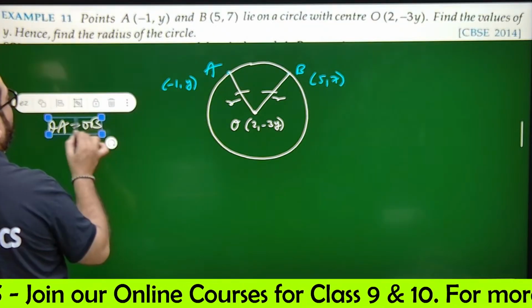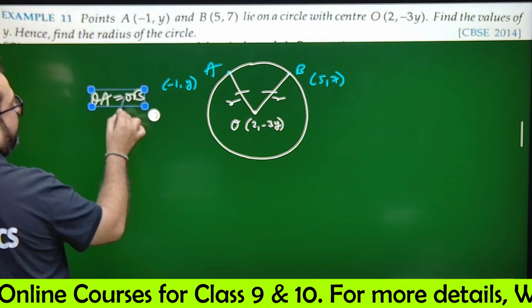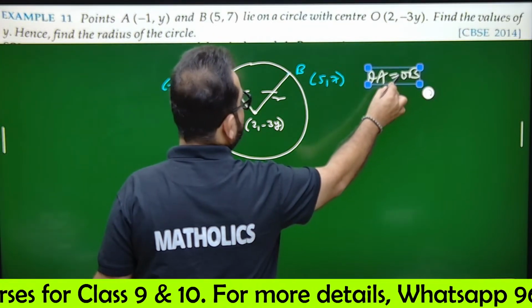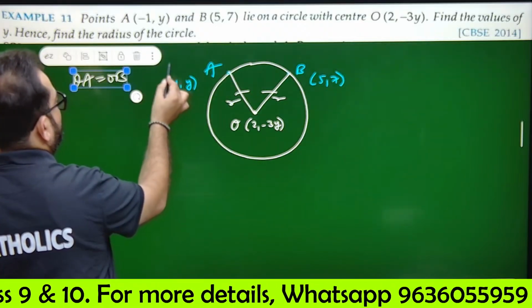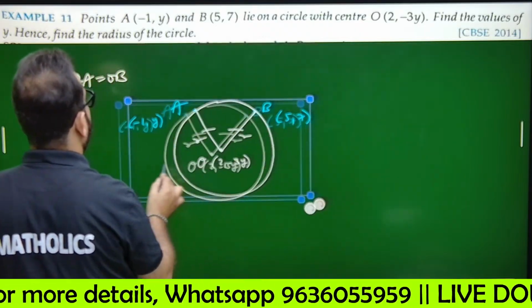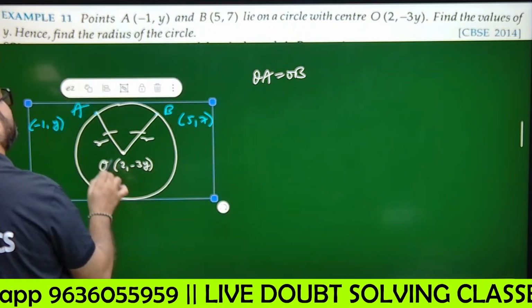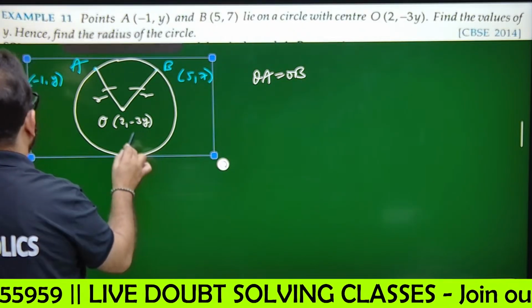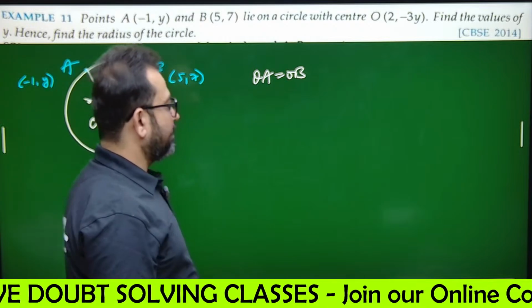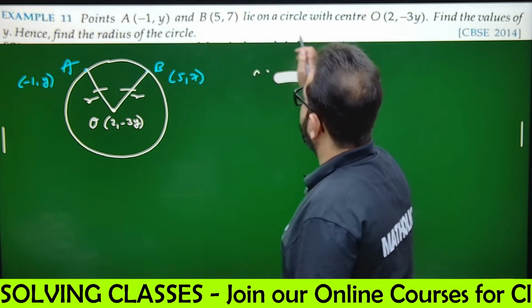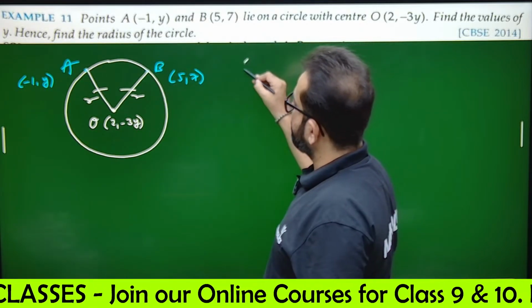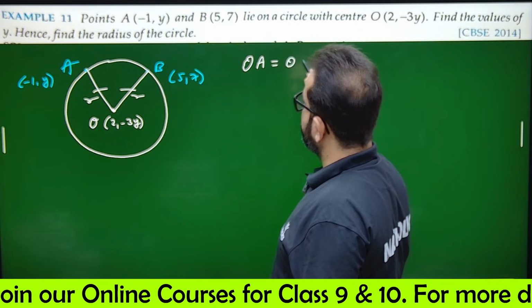See, if I am correct, can I say OA is equal to OB? Yes or no? If this is the figure, can I say OA is equal to OB because it is the radius of the circle? If 2 points are on the circle and you are asked to find the value of y, I can write OA equals OB.